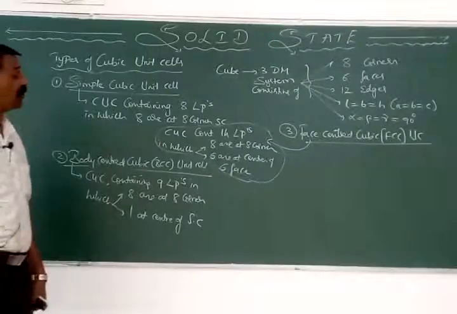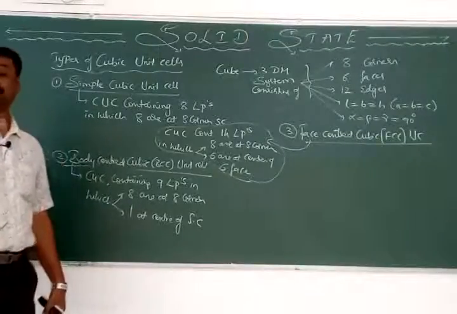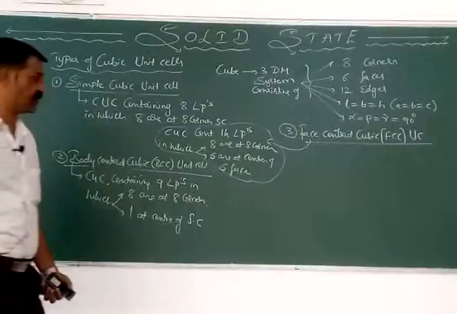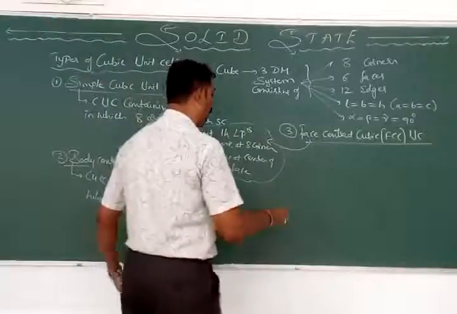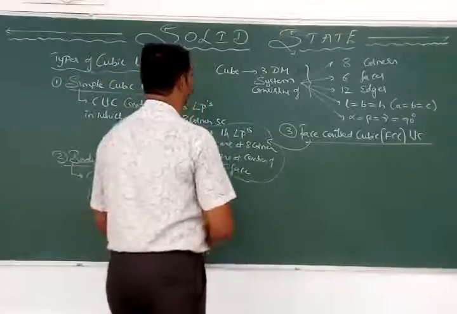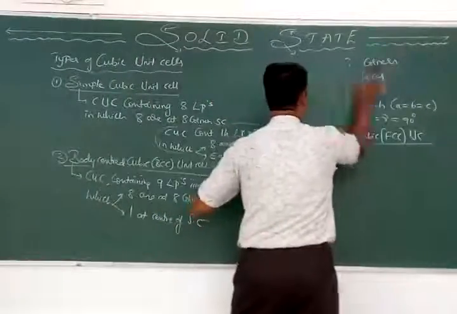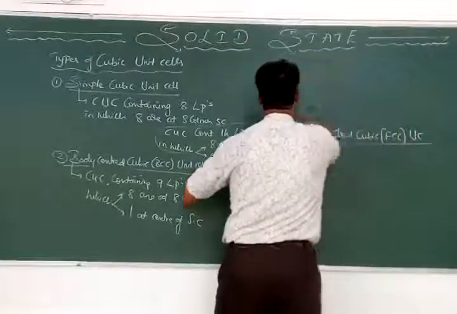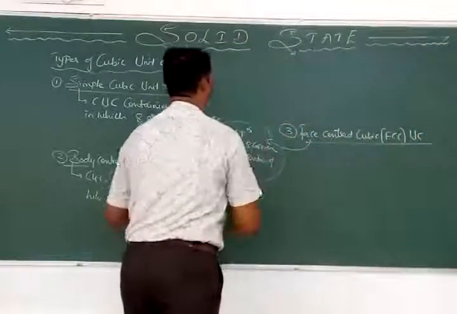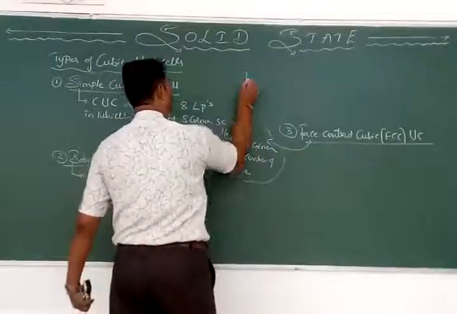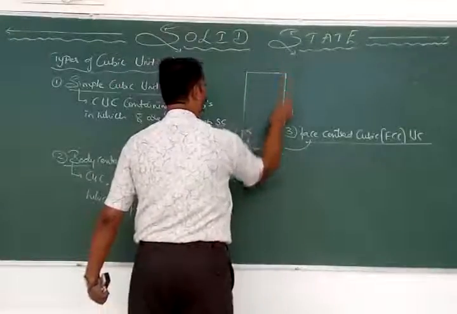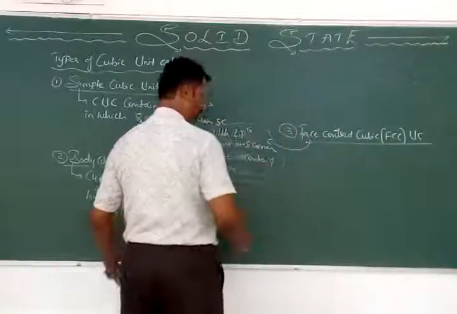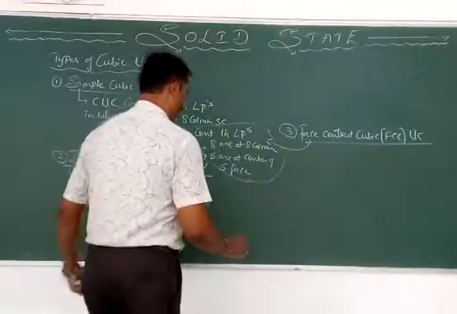Among the 14, 8 are at the corners of the simple cube and 6 are at the centers of the 6 faces. So let us have the drawing of that. I think I can draw here.